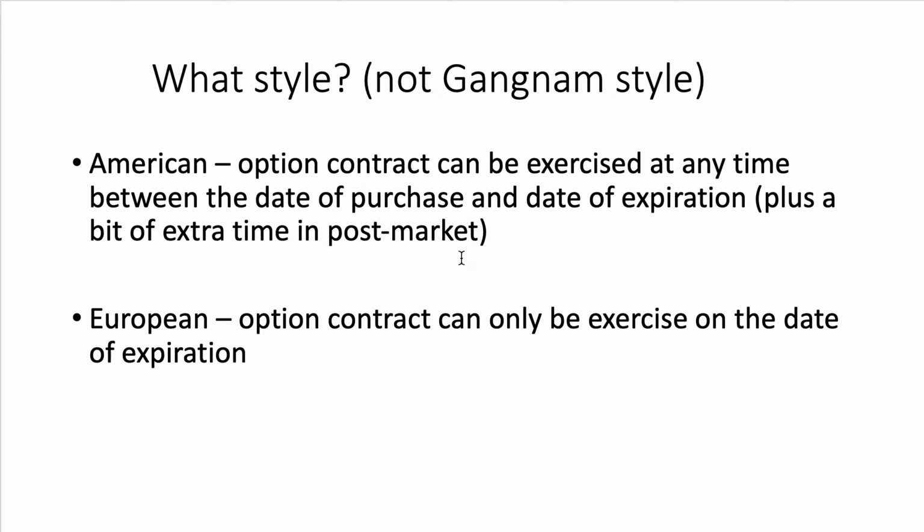So for example, if the market closes at 4 o'clock Eastern Time, New York time, there's maybe 1.5 to 2 hours that the contract buyer who bought the option might have a bit more time to decide whether he wants to exercise the contract or not. So that's American style option.